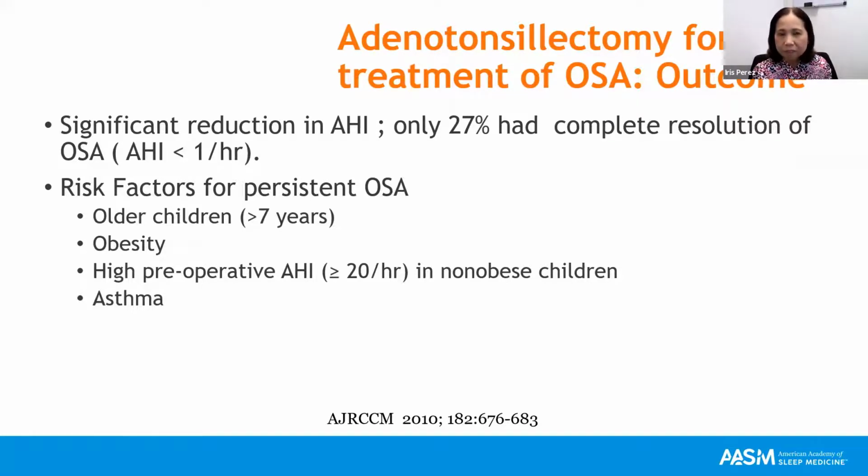The risk factors in this study for persistent OSA include older children, those who are 7 years or older, those with obesity, those with high preoperative AHI, again supporting the need for pre-adenotonsillectomy PSG, and those non-obese children with asthma as a concurrent or comorbid diagnosis.